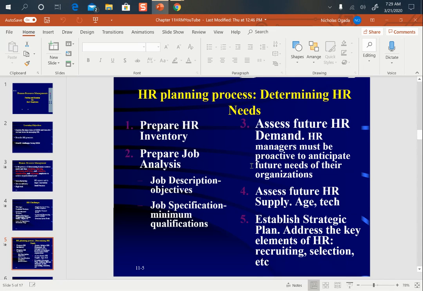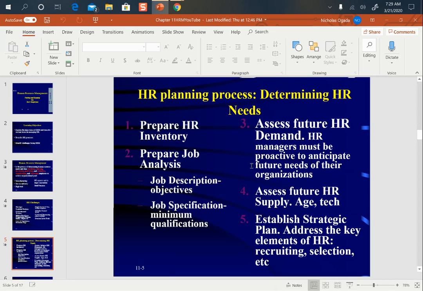Then from there, you establish your strategic plan that is going to address the key processes of human resource management. So you're going to have a plan that addresses recruitment. How do you go about filling that gap? Selection. How do you go about filling that gap? Compensation, development, and so on.